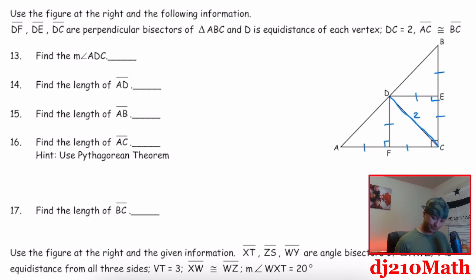Is it though? That's the question. DE and DF are going to be equal for sure, but are they equal to the other ones? That's the question. The tick marks are giving me anxiety. Sorry, it just looked crazy. Okay, so what do we want to find first? Oh my goodness.